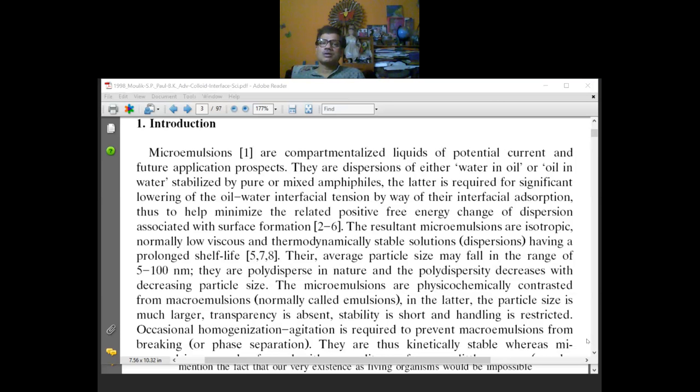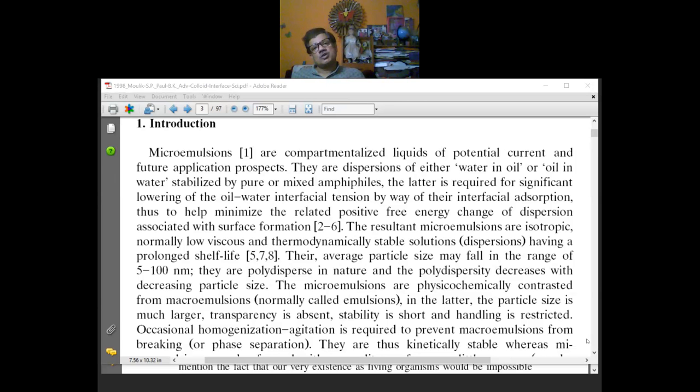So a water in oil microemulsion is a state where water is compartmentalized into oil continuum with the help of emulsifying agent or surfactant.